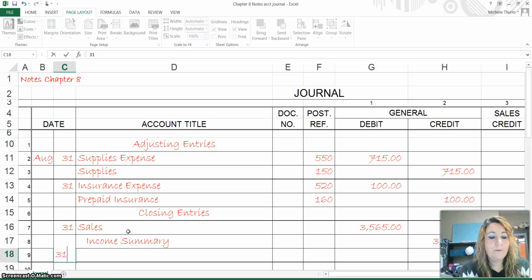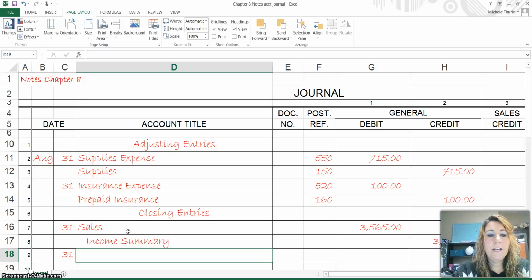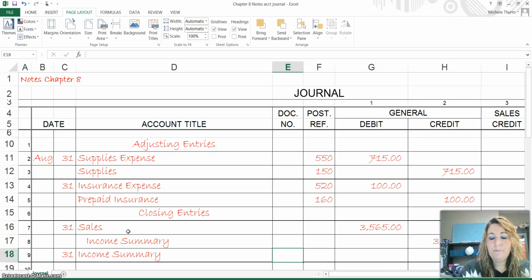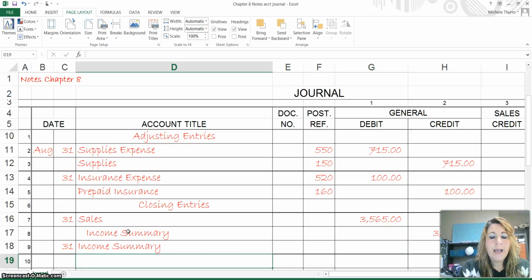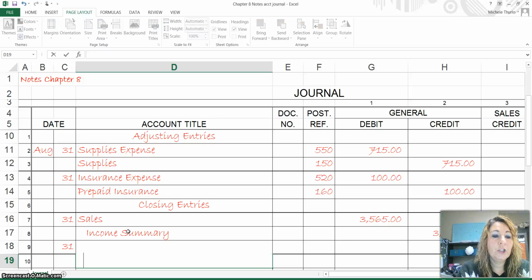So I'm going to type my date of the 31st. I'm going to list income summary, because that's what we're going to be debiting. I don't know my amount of my debit yet, so I'm going to come on down here, and I'm going to just type in all of my expense accounts, indented just a little bit. So my advertising expense.